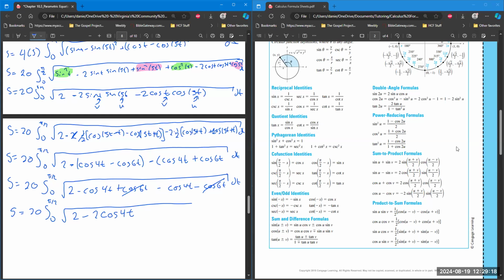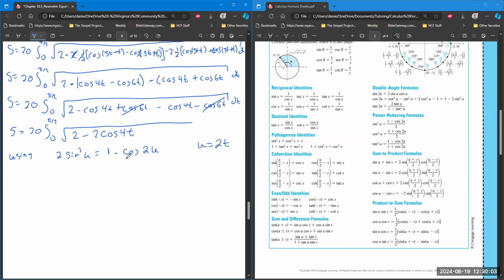So I'm going to be looking at this one up here, this power reducing formula right here, that I want to rearrange this to say that 2 sine squared u is equal to 1 minus cosine of 2u, where my u is going to be equal to 2t here, because that's what I need to double to get my 4t.